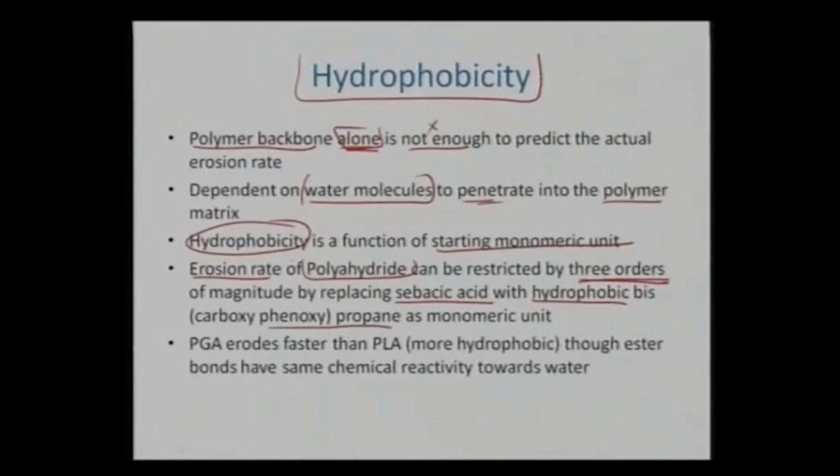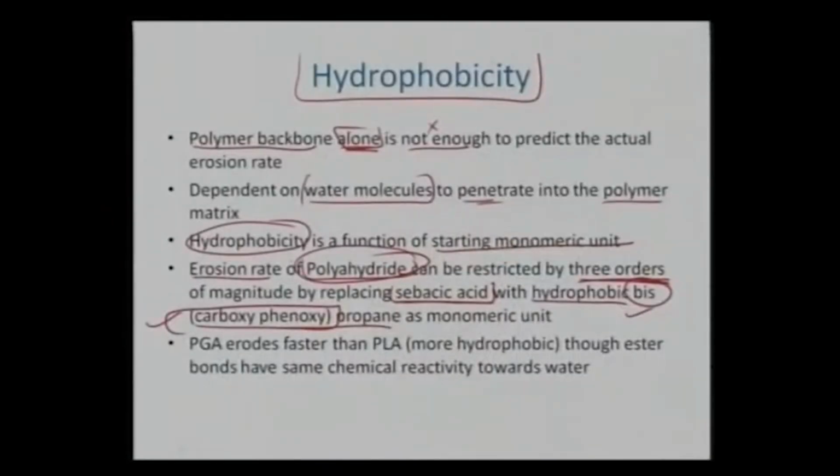So in one case, once we have this polyanhydride, if we can replace the sebacic acid with a much more hydrophobic monomeric unit, bis carboxyphenoxypropane, then that one is making it super hydrophobic. It is making it much more hydrophobic. It can increase the hydrophobicity by around 1000 times, or 3 orders of magnitude. So that is what is happening. That is the effect of hydrophobicity.